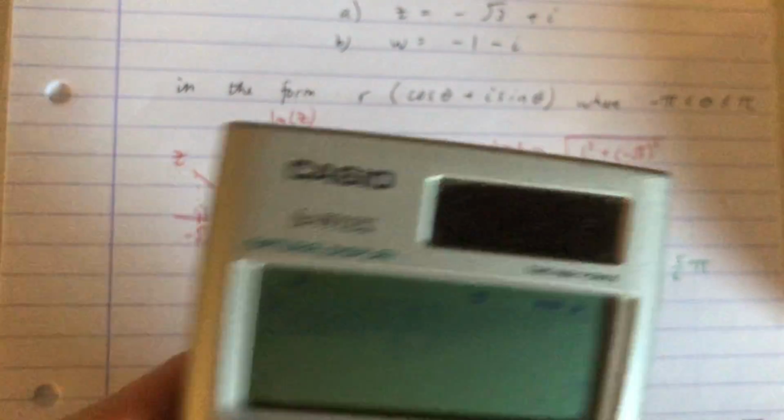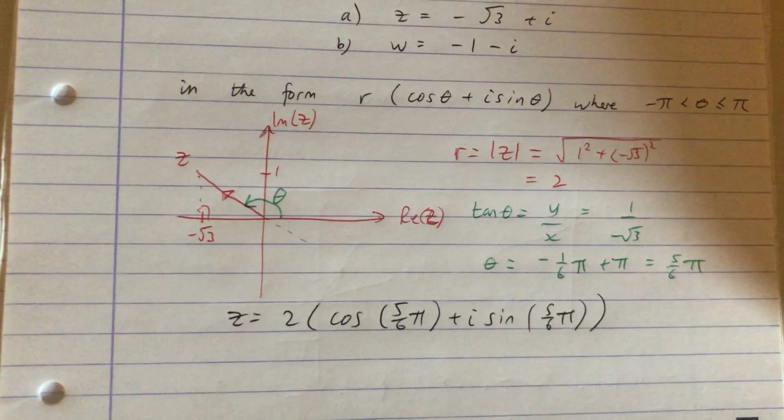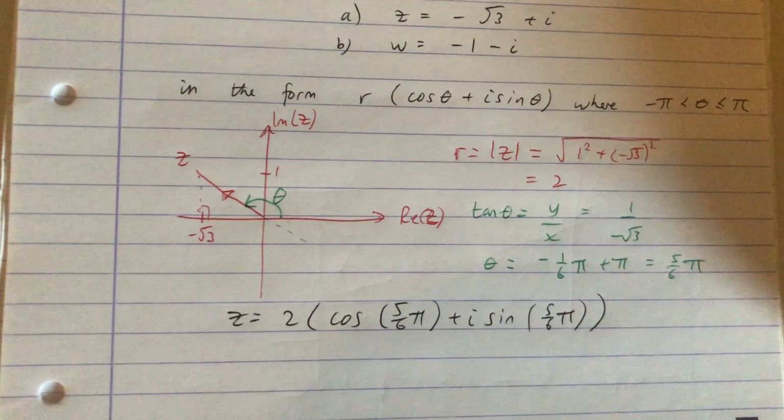Yeah. Okay, so it's really easy to go in the opposite direction now and work out what it would be in x plus iy. You just expand the brackets and type into your calculator. The hard bit is doing what I've just done. Well, relatively hard.